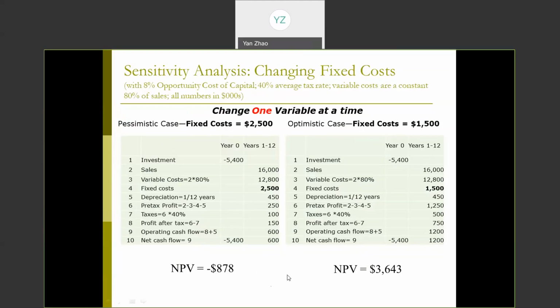Then you can do a probability weighted average. For example, 80% times this positive net present value plus 20% chance times this negative number. If you add them up, if the probability weighted average number is a positive number, you go for it. If the probability weighted average number is a negative number, you don't do it.